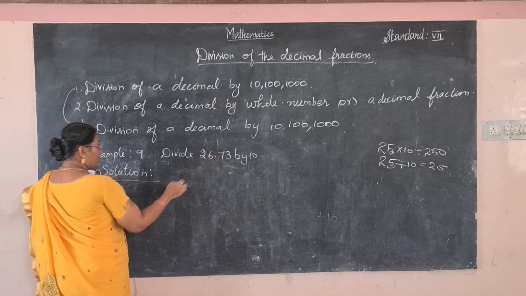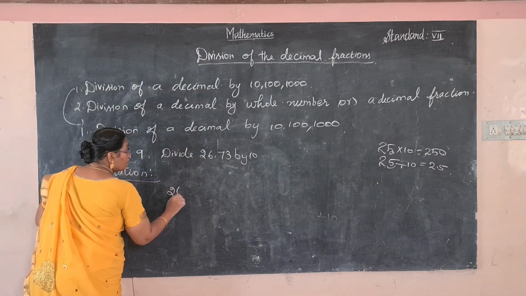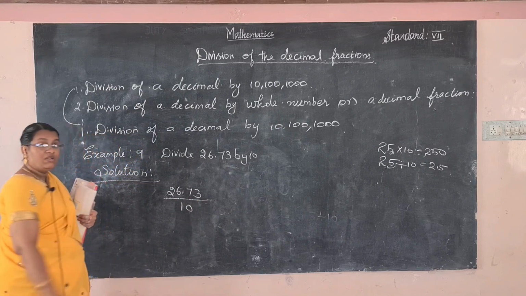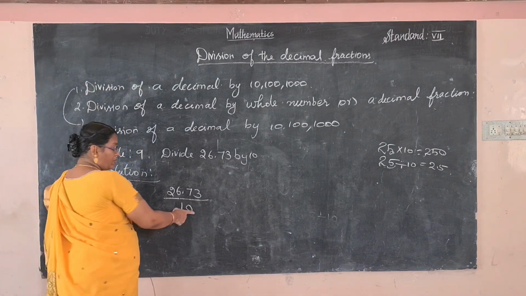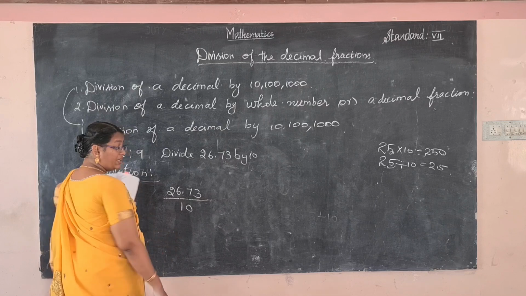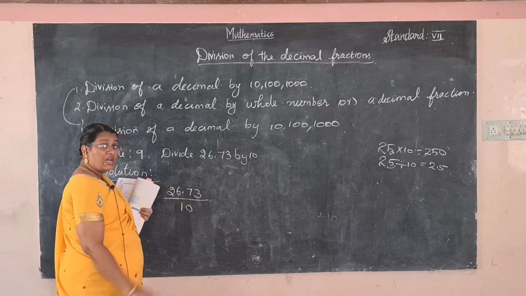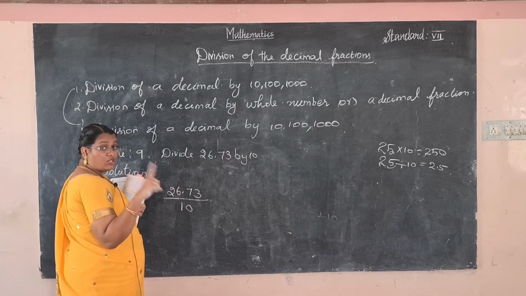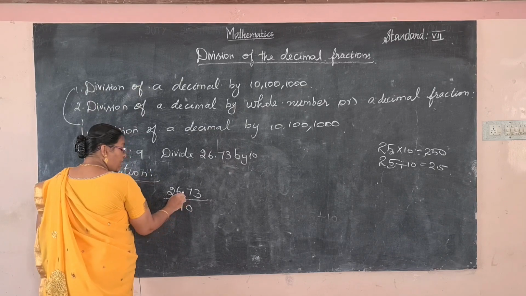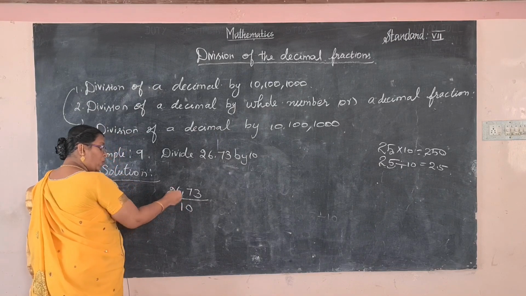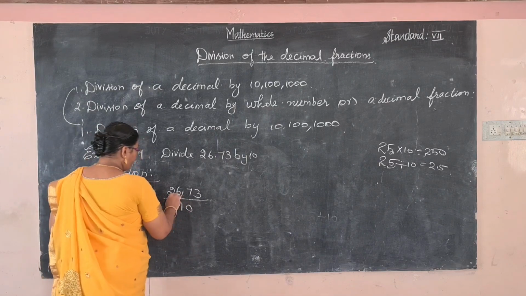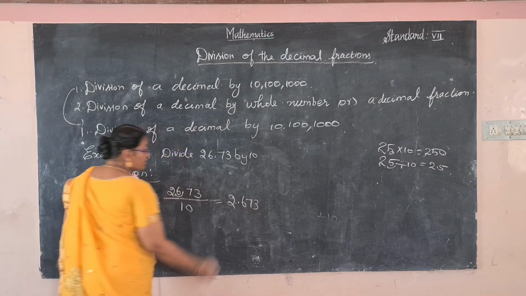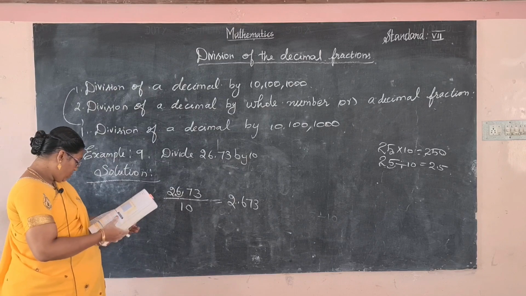What is the number of zeros in the divisor? 26.73 by 10. The number of zeros in the divisor is 1. How many zeros? 1. So the decimal point moves backward 1 place. So what is the answer? 2.673. That's it.